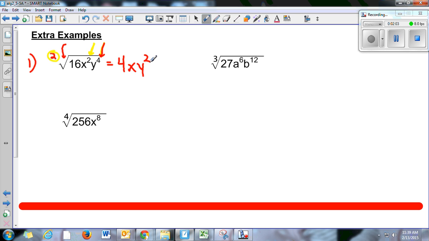Cube root. Again, same thing applies with our index and each of our variables. If I need to do a cube root on a calculator, more than likely what I'm going to need to do is this. I'm going to hit the number 3. I'm going to hit my second key, which is usually in the top left-hand corner. And then there's a little arrow button.